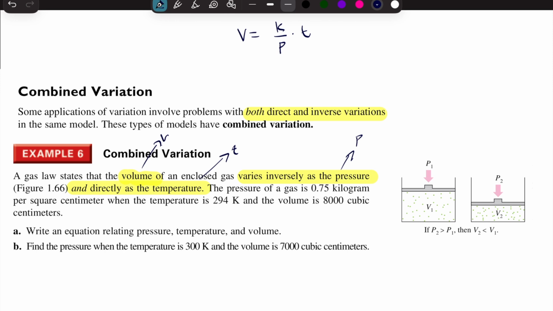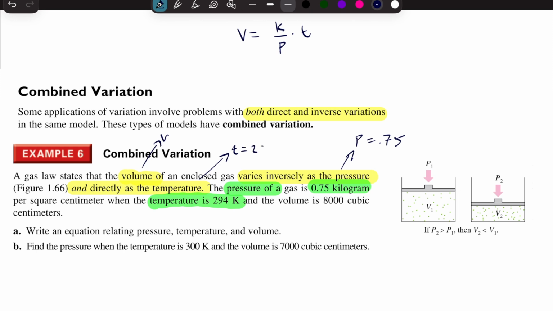And now, just like before, we'll just use the information they give us to go ahead and solve for our constant. So pressure is 0.75 kilograms per square centimeter. So my P is going to be 0.75. Temperature is 294 Kelvin.